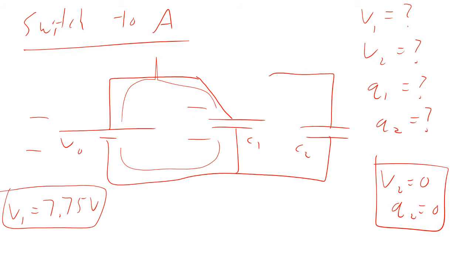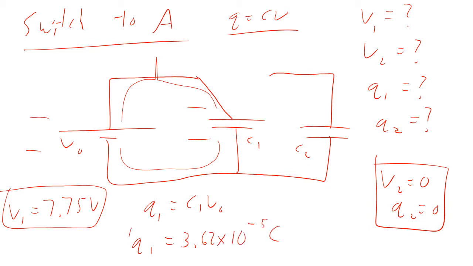We know that Q is CV, so Q1 is going to be C1 V0. If you multiply that out, that's going to give you 3.62 times 10 to the minus 5th coulombs. So we answered the question.